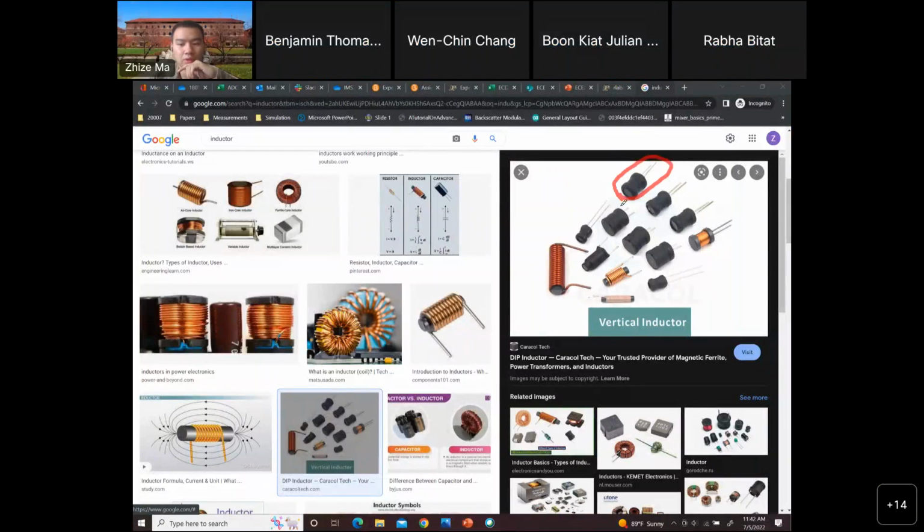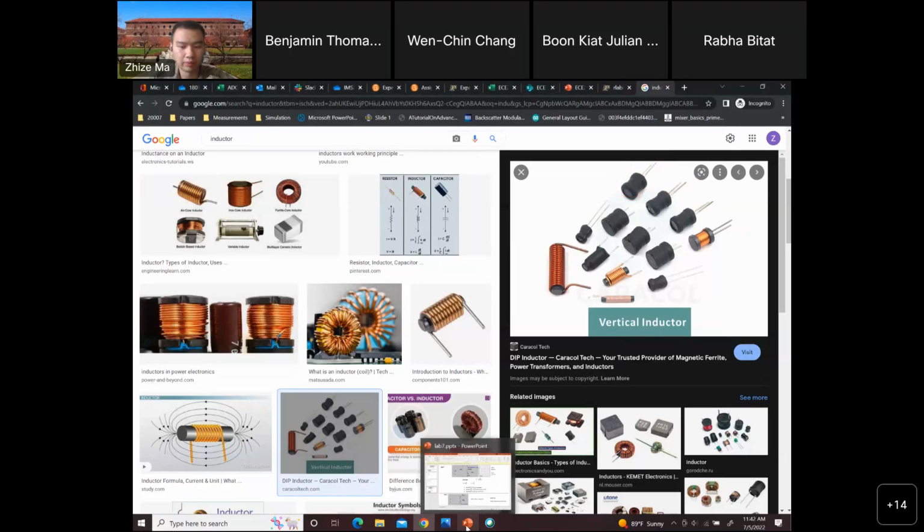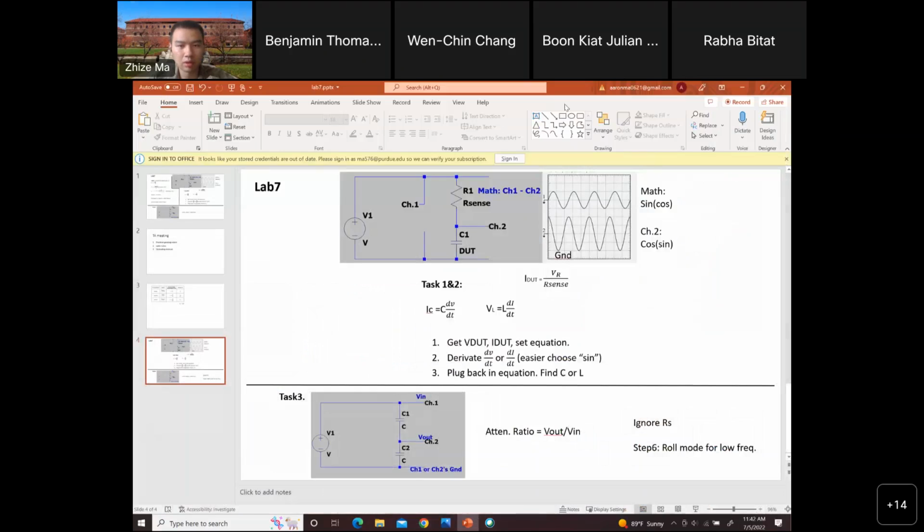But if you see some of the capacitors with two leads, right here, those leads are different. Always the longer side is the positive side. Which means when you build your circuit, the longer side will be at this side, and this is the shorter side.